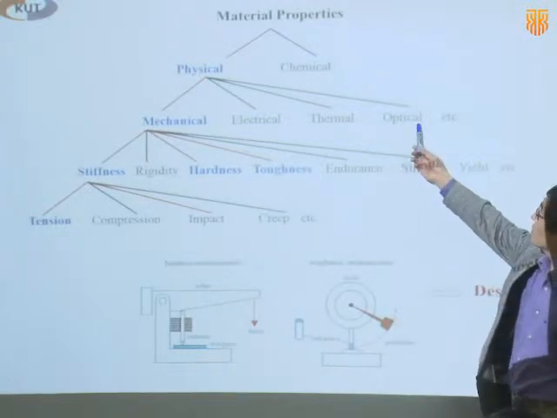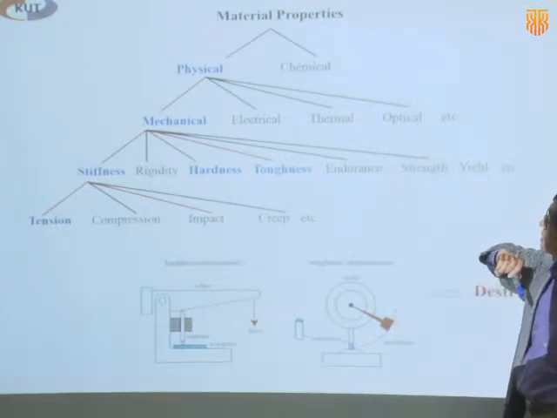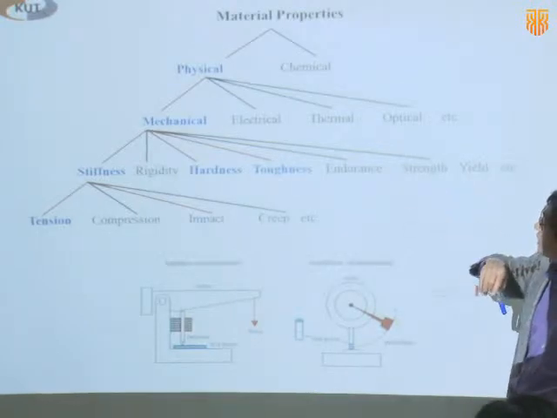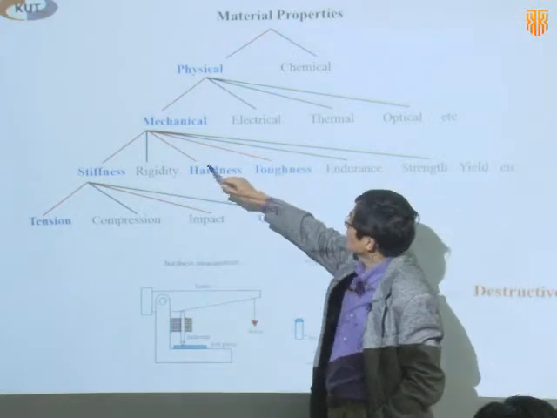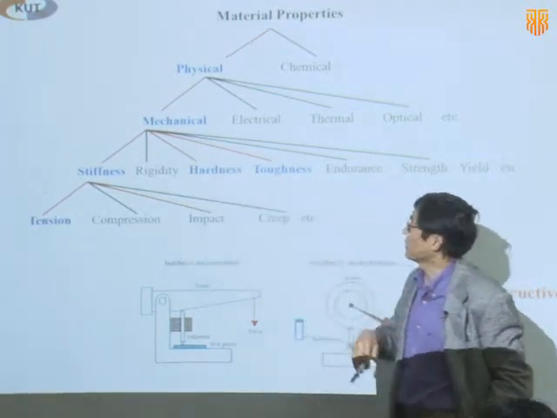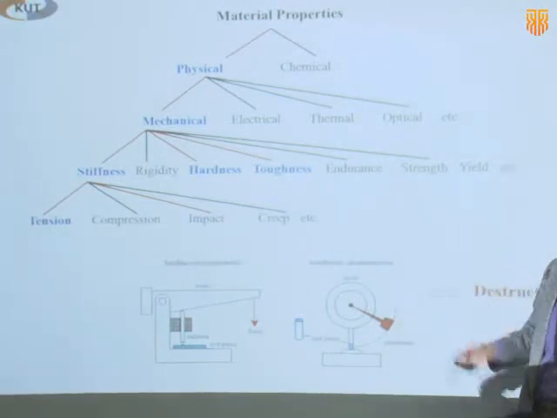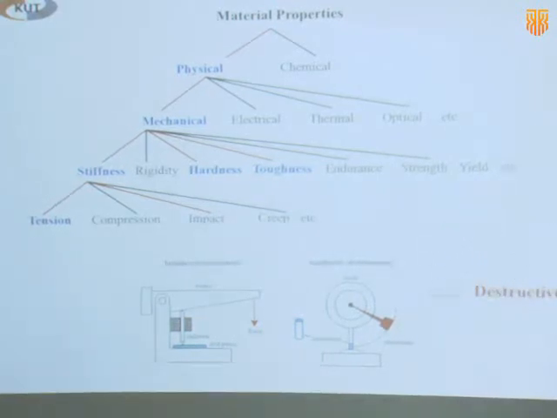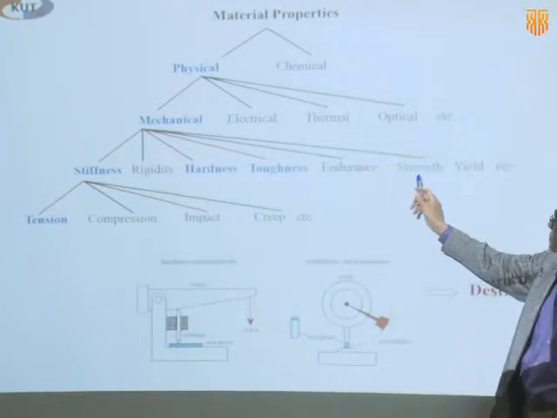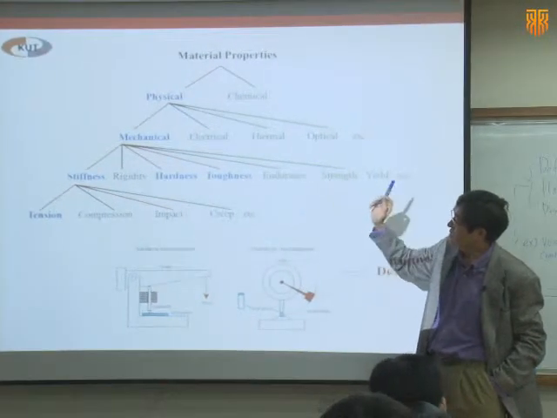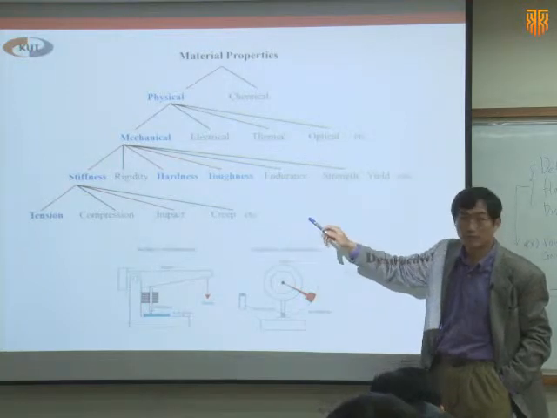In that physical property, you usually have interest in this mechanical property. In that mechanical property, there are many also. So you have heard about yield strength or toughness and hardness and rigidity and stiffness, right?